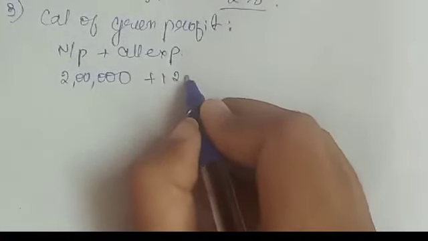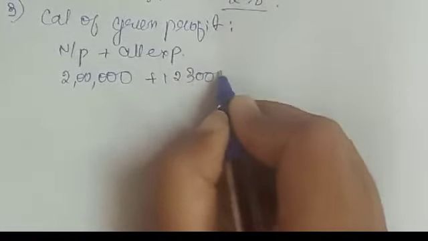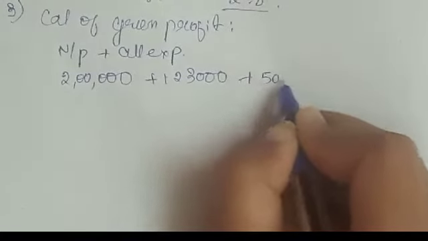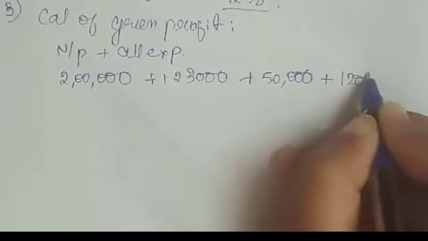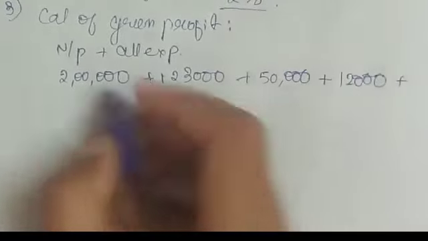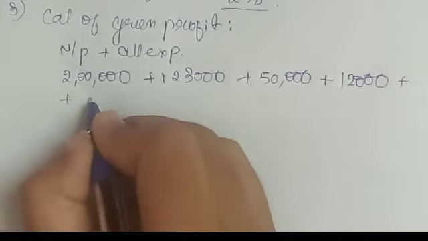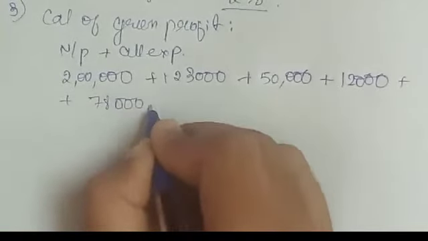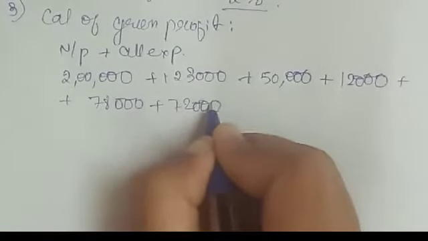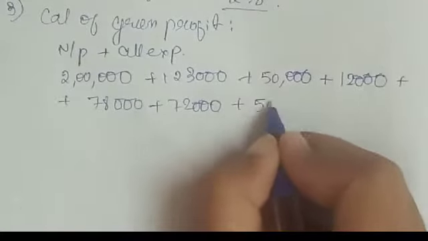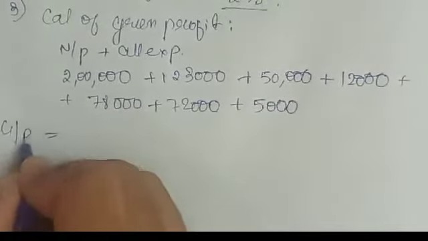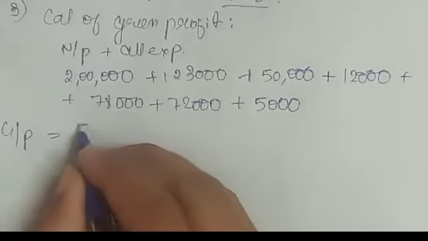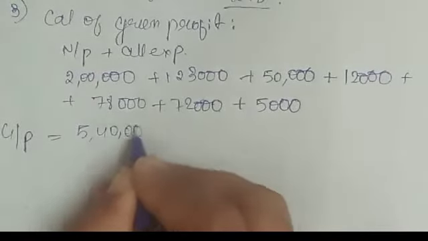Whatever is given there: depreciation 1,23,000, plus director's fee 50,000, plus preliminary expenses 12,000, plus office expenses 78,000, plus selling expenses 72,000, plus interest to vendor 5,000. If you add all these, you will get gross profit. So you get gross profit of 5,40,000.